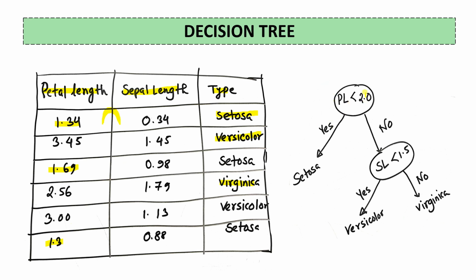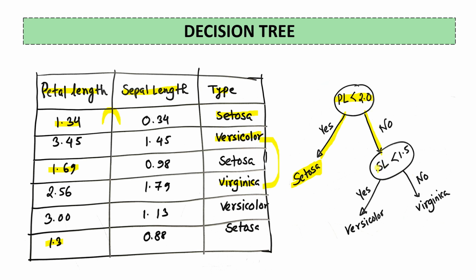So you're directly creating one node here. If the petal length is less than 2.0, you can directly say that it is a Setosa. If it is no, then you check the sepal length. For the sepal length, we have two choices: one is the Versicolor and another is the Virginica.